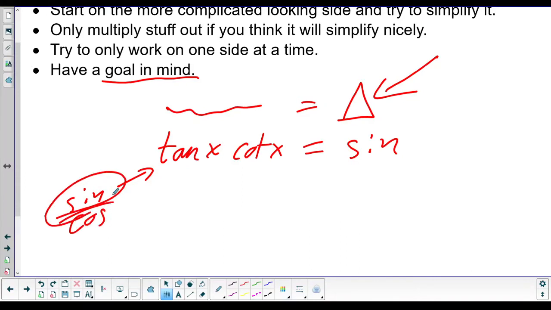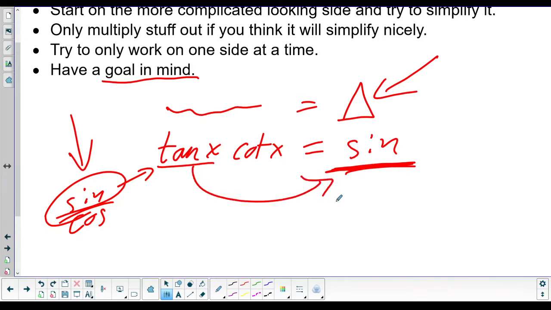You want to make a sine somehow. So the fact that this side has a sine on it is a big hint that you should use that one, right? That's what we mean by have a goal in mind: look at what you're supposed to get and then try and turn this into that. Force it to be that and think, there's a sine here. Where did it come from? Oh, probably from that tangent, right? Tangent is just sine in disguise.